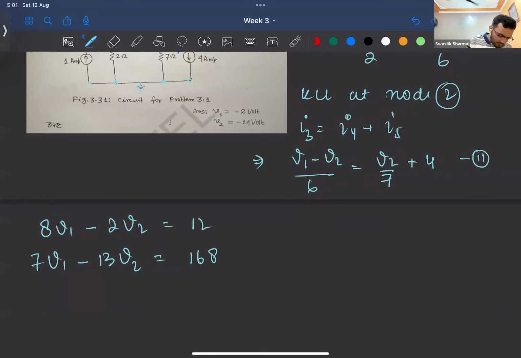So let's solve this using calculators. So Gori, can you find the answer as well? We'll cross check.